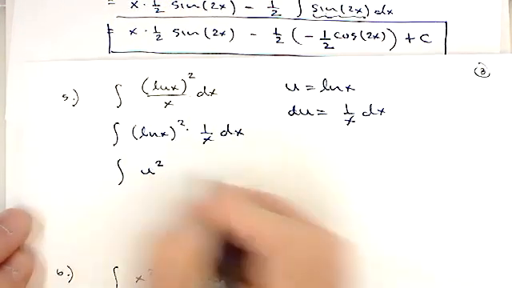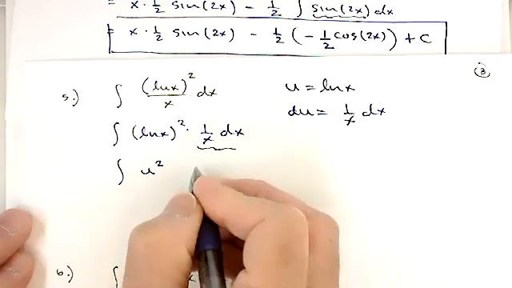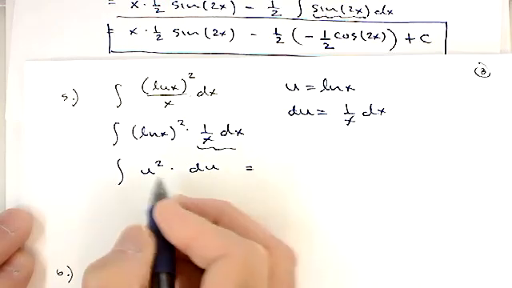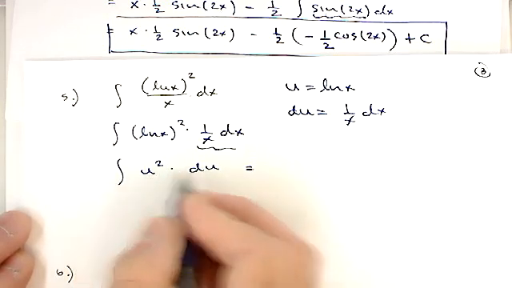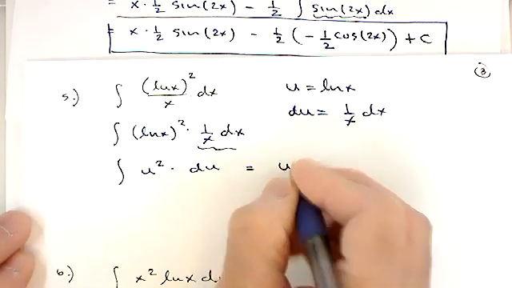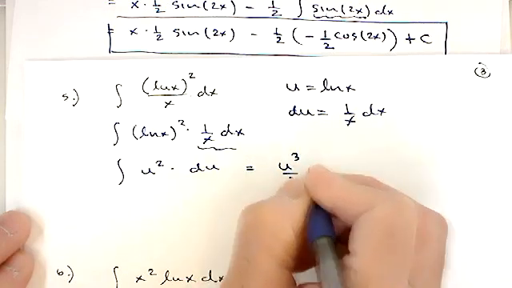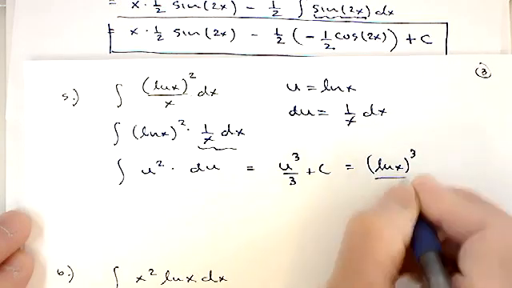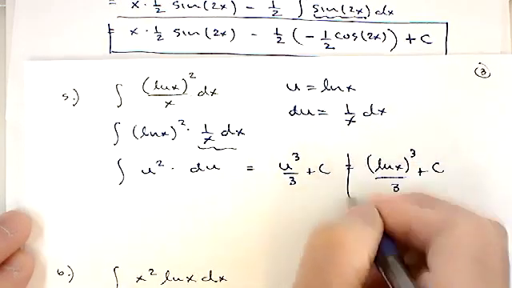This becomes u squared, and this is a perfect match for du. I don't even have to wish for anything. And my antiderivative of u squared du in terms of u would be u cubed over 3 plus c, which is ln of x cubed over 3 plus c, done.